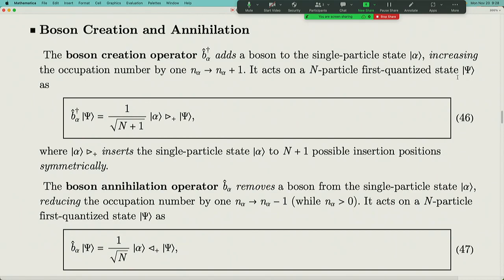Already 3 of them exist in psi. Of course, psi can be a superposition of these 3-particle states, but for every basis state, it's 3 particles. So now, if I want to insert alpha into this sequence, there are 4 different places that I can insert. I can insert it here, here, here, here, right? So alpha can be inserted in n plus 1 different places if psi is an n-particle state.